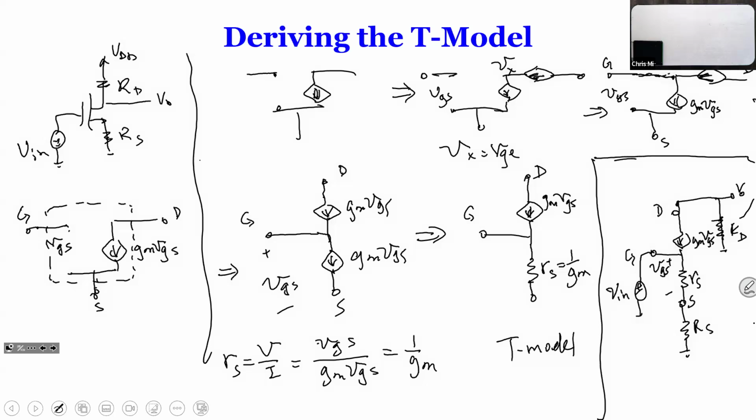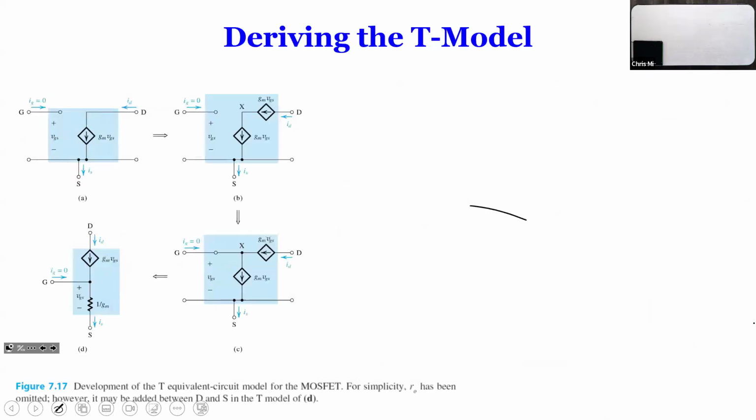But there's no current here because this current is the same as the current over here. That's a kind of interesting phenomenon because there's no resistance here, right? So this is a very interesting, very useful process to do.